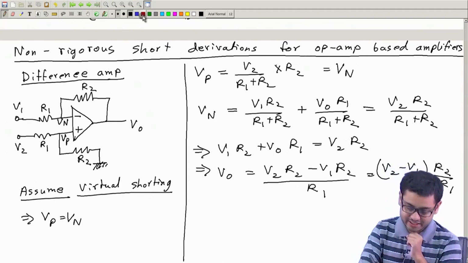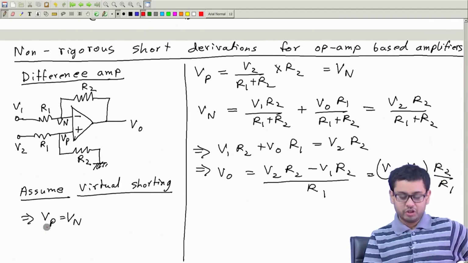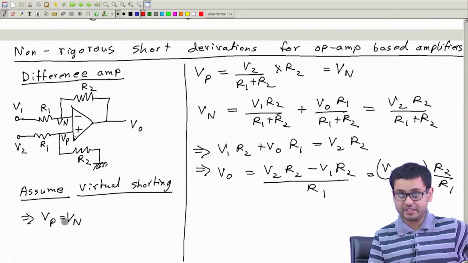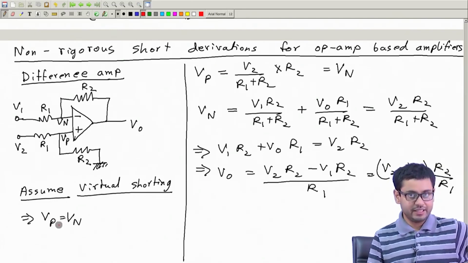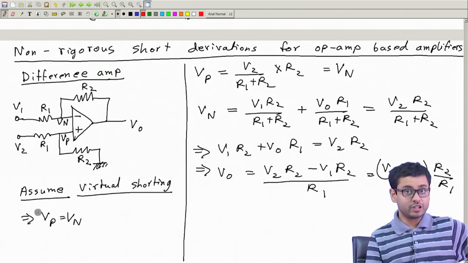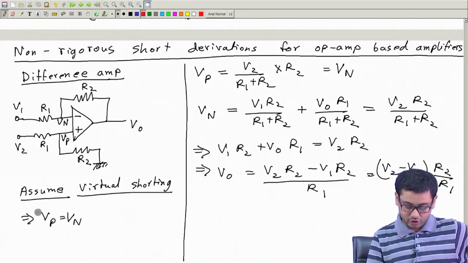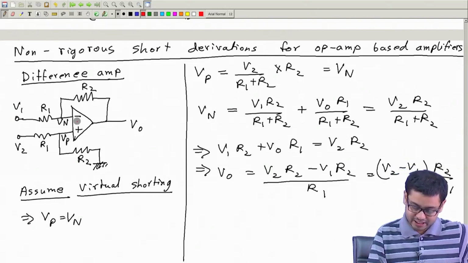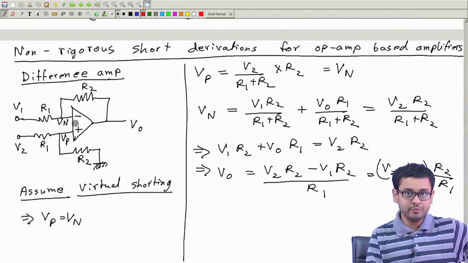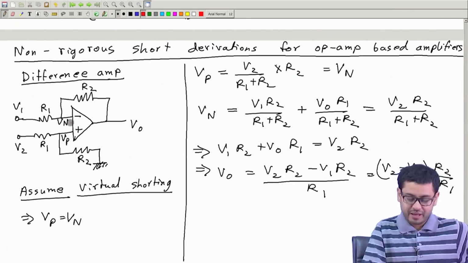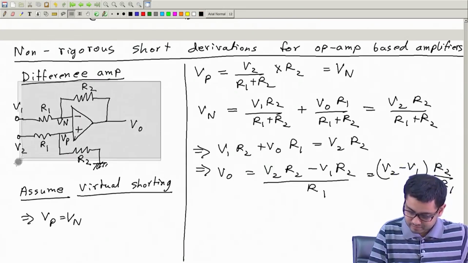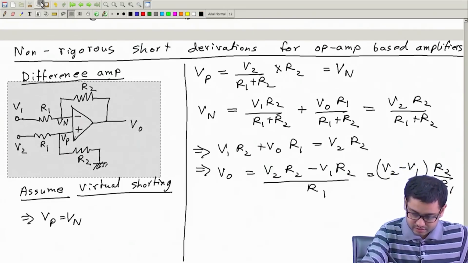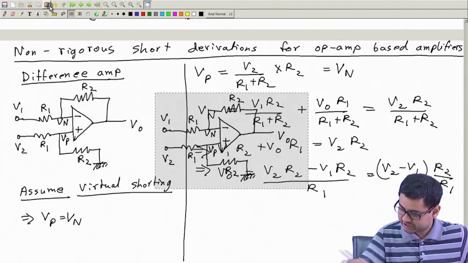So a key important thing is that this virtual shorting, I told you, is not true always. It depends on the circuit. It's not a property of the op amp. So for example, if you by chance make these plus minus inputs wrong, if you swap them, that will not work.